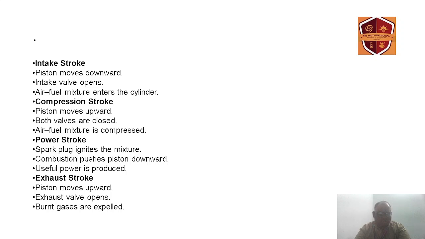In the power stroke, combustion occurs, as the spark is generated by the spark plug. Useful mechanical work is obtained in the power stroke. In the exhaust stroke, the exhaust gases leave the cylinder through the exhaust valve. During this time, the inlet valve remains closed.